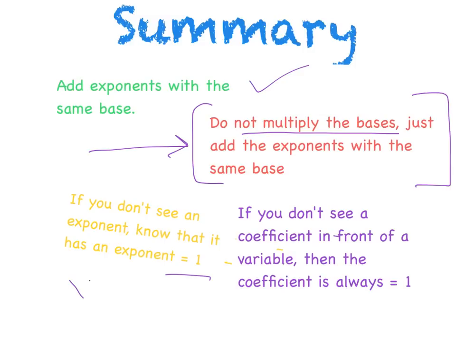So if we see the term x with nothing next to it, we can put an invisible 1 here because that x does have a power of 1. If you don't see a coefficient in front of a variable, then the coefficient is always 1. So in this example, going back to this example of x to the first power, we could also put an invisible coefficient in front of the x, which would be 1.